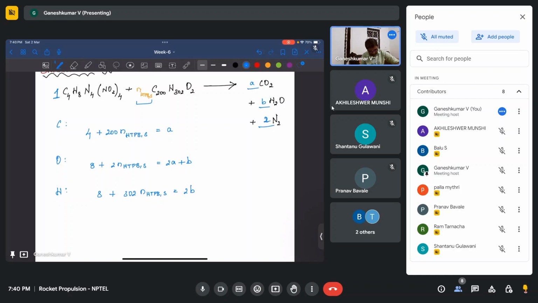Did I write it right? So now you have 3 equations, 3 unknowns. You can directly get A, B and N.